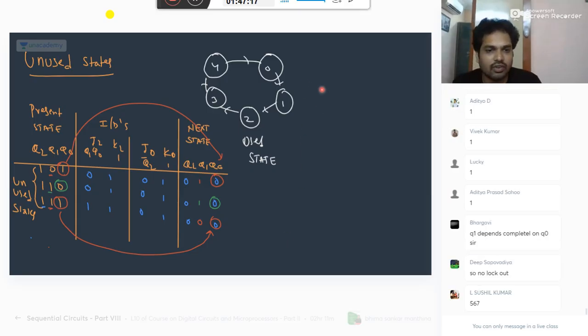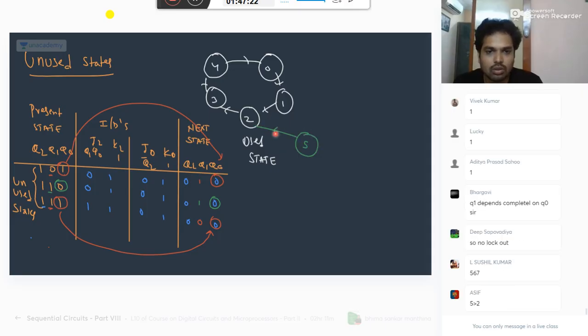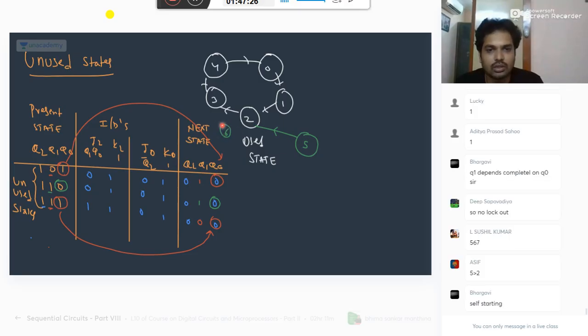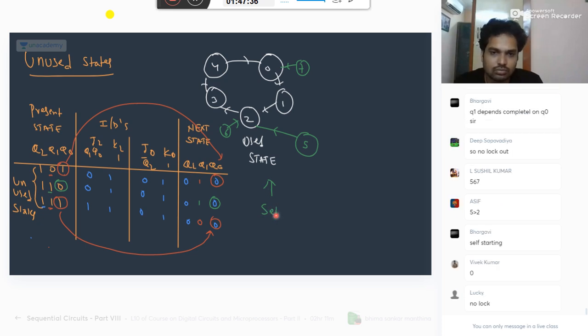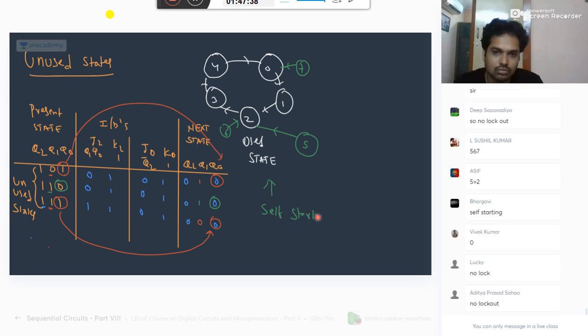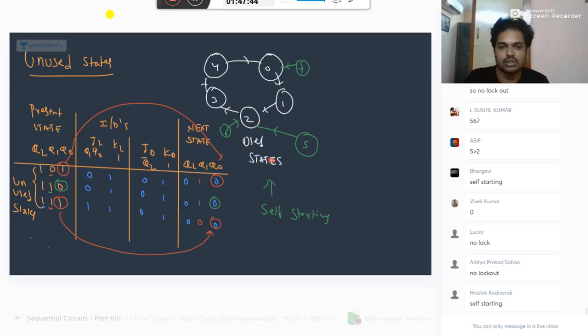If 2 occurs, if 5 occurs, next state is 2. If 6 occurs, next state is 2 only. If 7 occurs, next state is 0. So this is what we call self-starting. Yes, no lock.